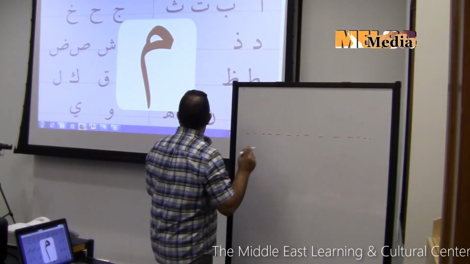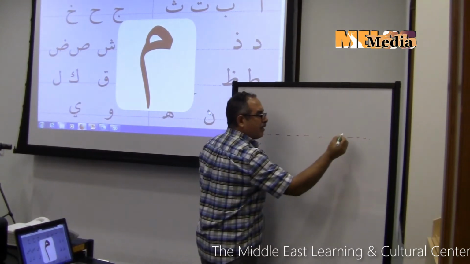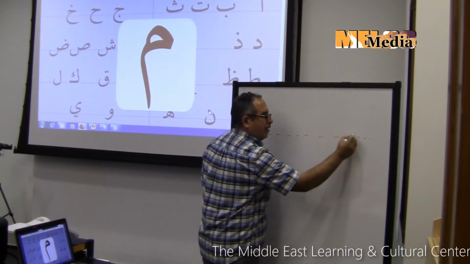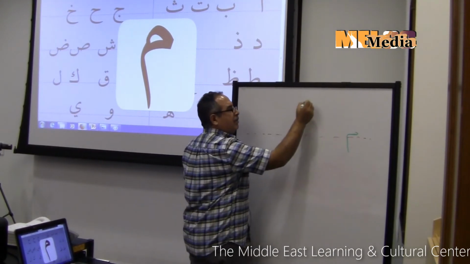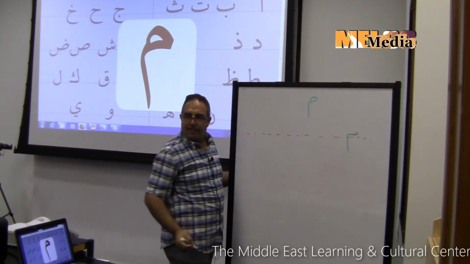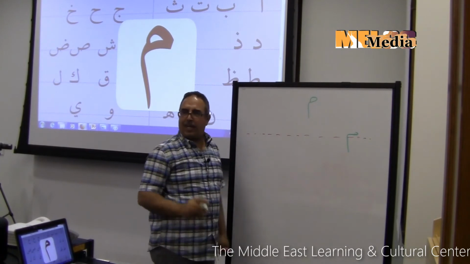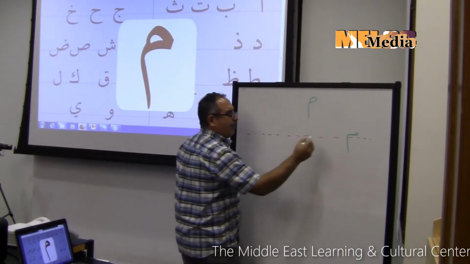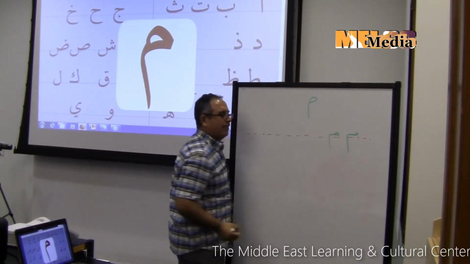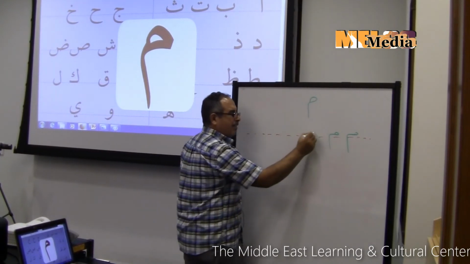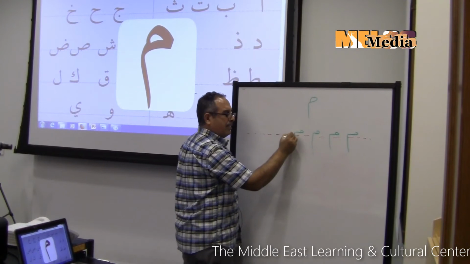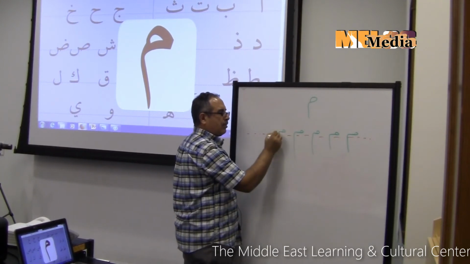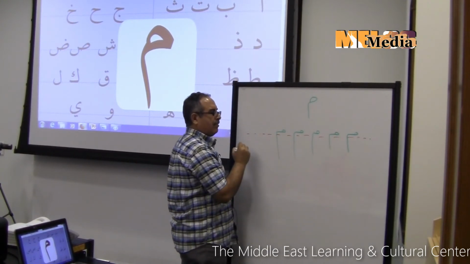So if we have this baseline and mim, like that. I know you see it somehow like this. You don't have to do it this way. You can just write it like this. Little circle, then go down. Little circle, extend, go down. Small circle, extend, go down.